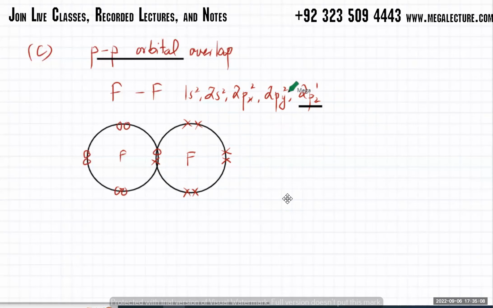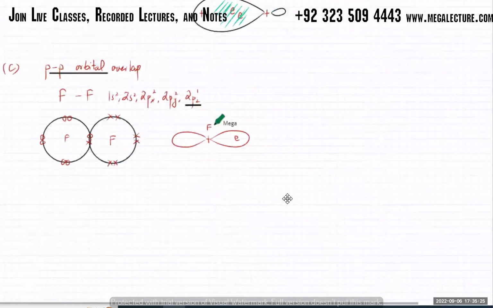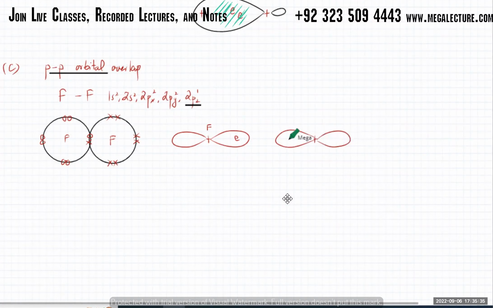So here what will happen is, this is what a p orbital looks like. It's got just one electron in it, and that's your fluorine. I'm ignoring all the other orbitals because they're already full. The other fluorine would be exactly the same. It's also going to have one electron in this entire area.